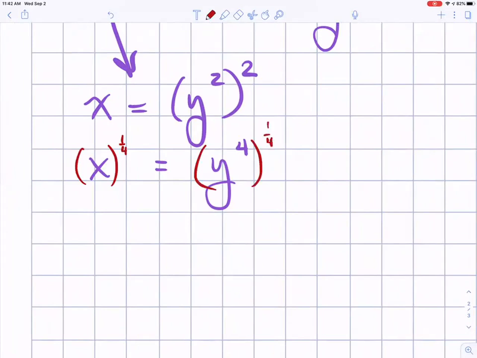Because y to the 4th to the 1/4 just gives you a y, and then this is x to the 1/4, or 4th root of x. Either one is okay. Can you picture a 4th root? Probably not. Can you think back to Math 110?